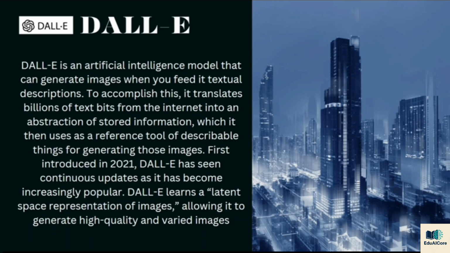To accomplish this, it translates billions of text bits from the internet into an abstraction of stored information, which it then uses as a reference tool of describable things for generating those images. So it helps you generate images by decoding different kinds of text bits.